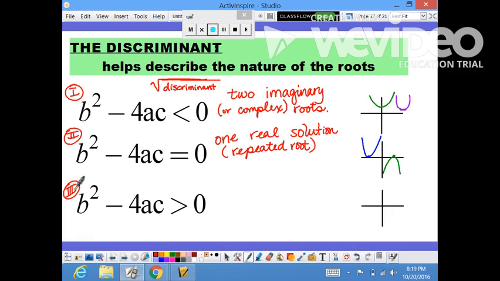So that allows us to have two real solutions. And what that looks like is it goes down and comes back up, 1, 2. Or it goes up and comes back down, 1, 2.